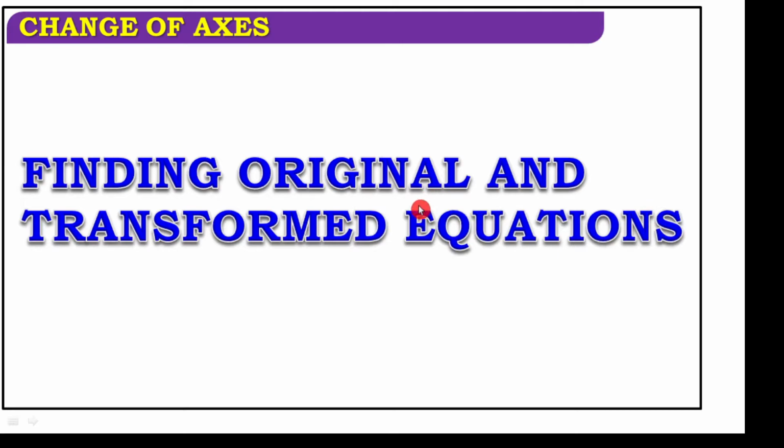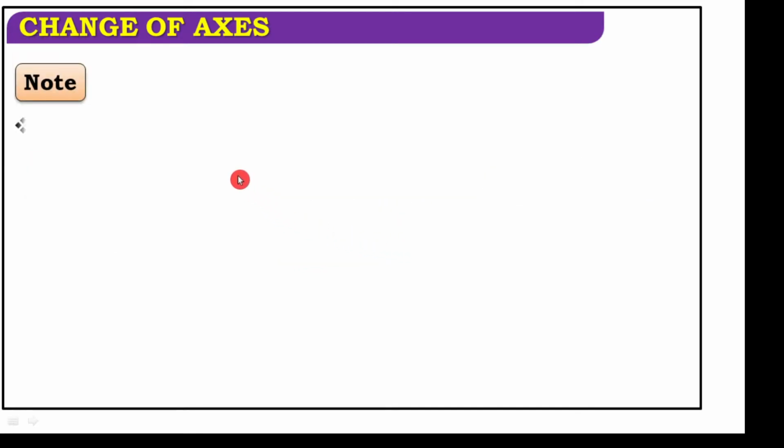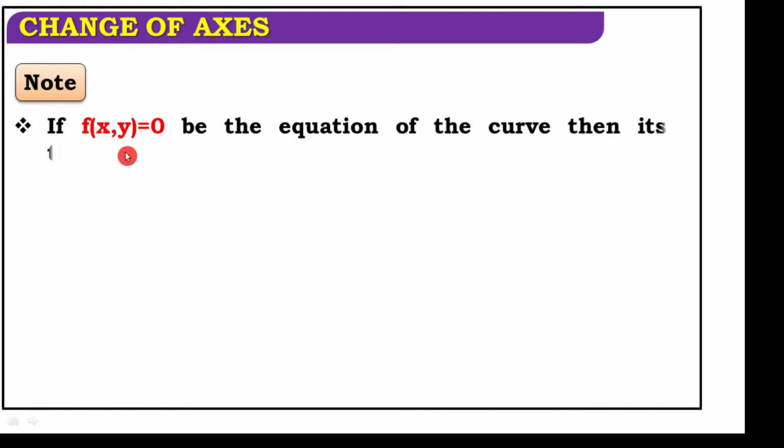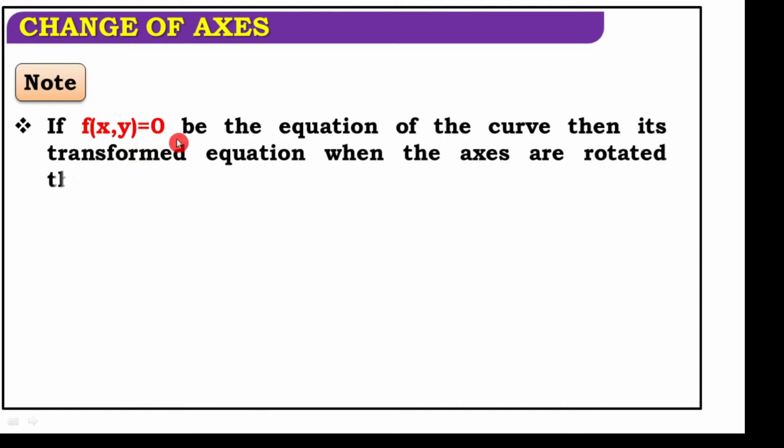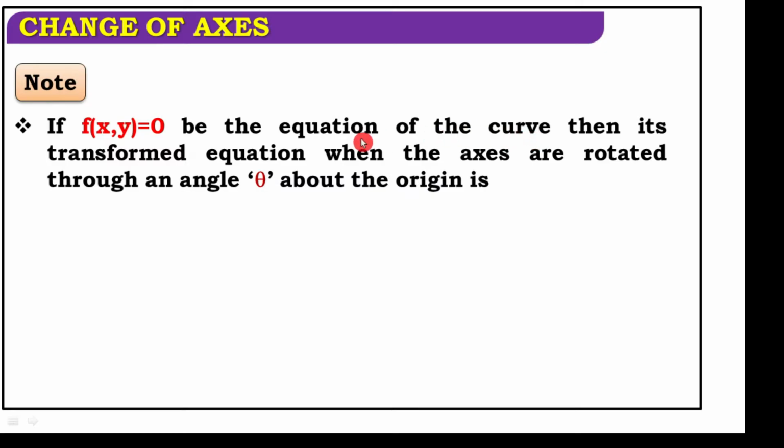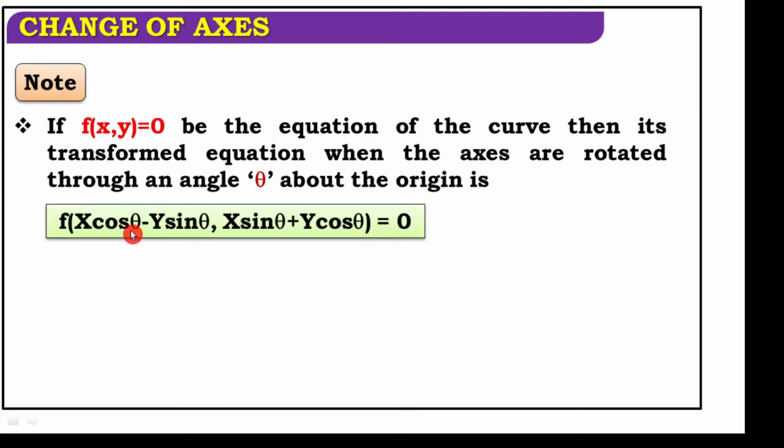Now, finding the original and transform equations. Note: if f of x comma y equals 0 is the equation of a curve, then the transform equation when the axes are rotated through an angle theta about the origin is f of x cos theta minus y sin theta comma x sin theta plus y cos theta.